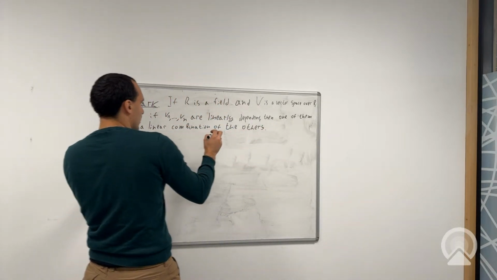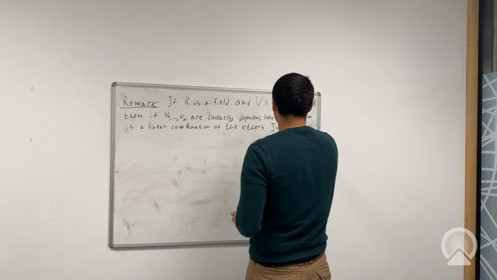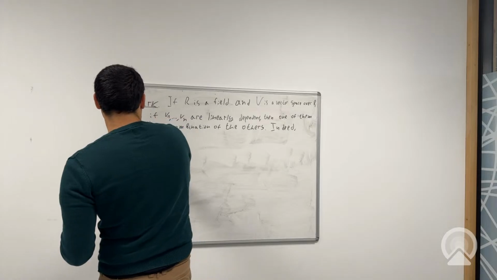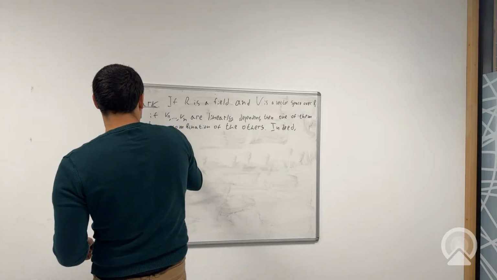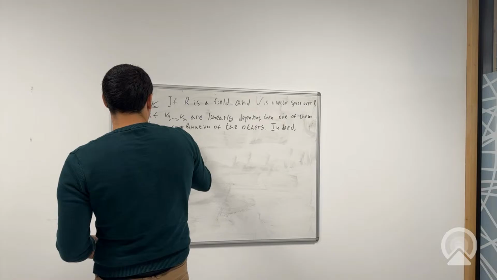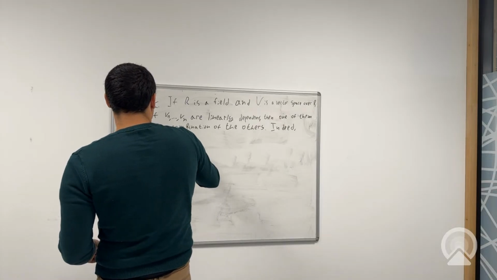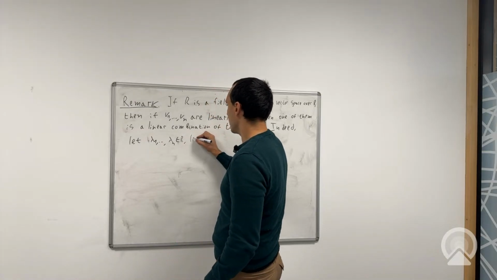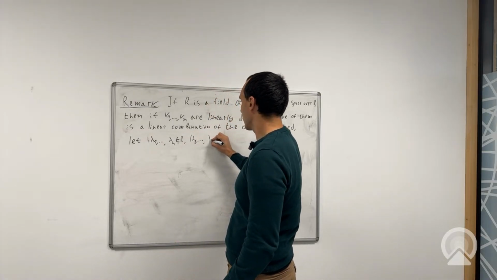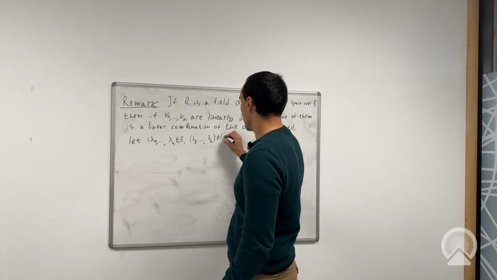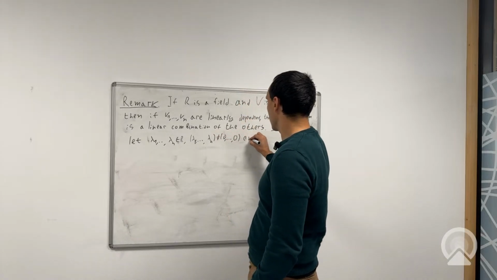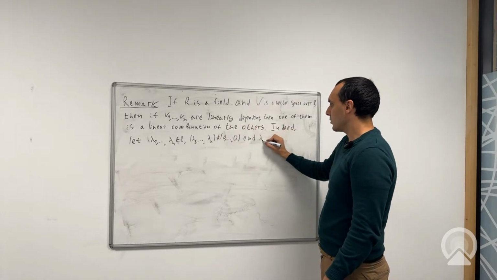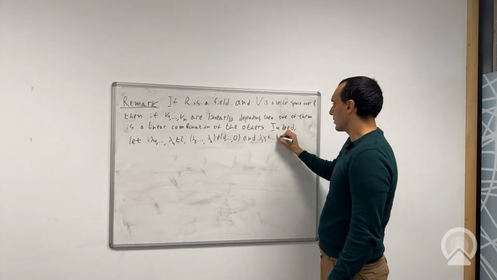Indeed, they are linearly dependent. Let lambda 1 to lambda n be in R such that the combination is not the 0 tuple and they sum up to 0, so lambda 1 v1 plus ... plus lambda n vn.